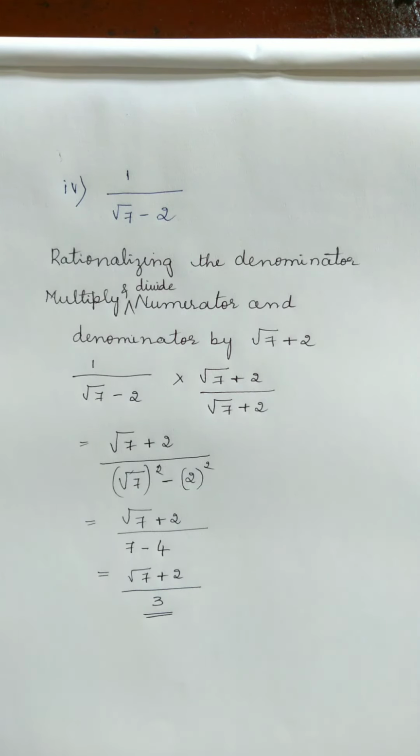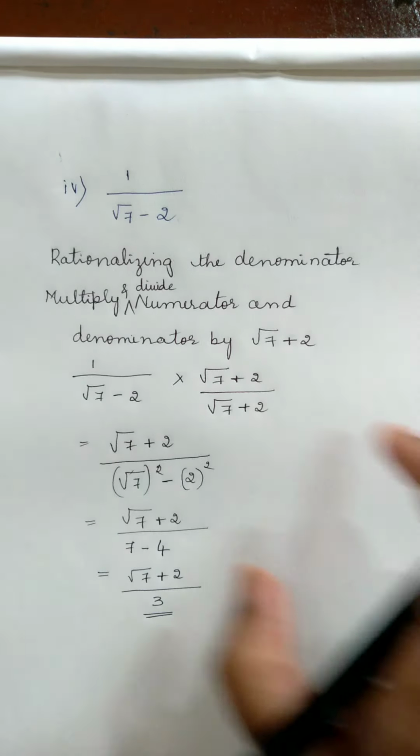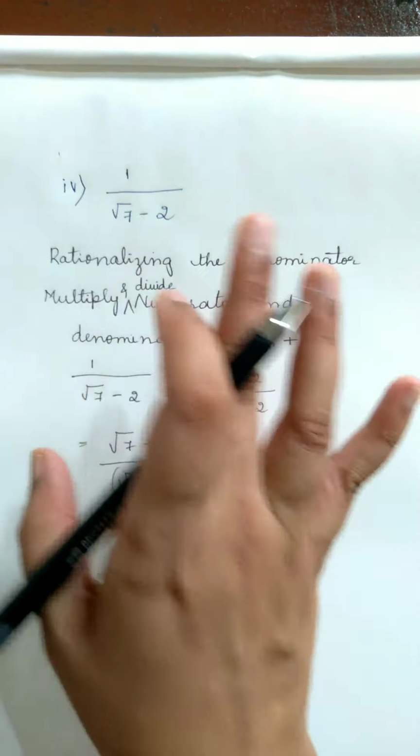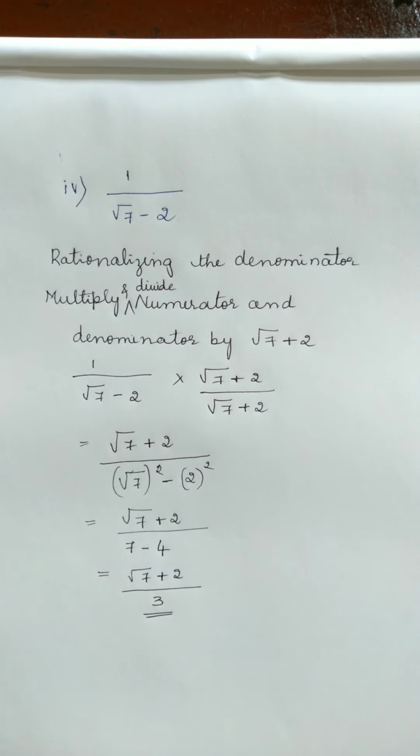So, the method to be employed in this concept is, we have to multiply and divide the numerator and denominator by looking at the denominator. If the denominator contains only the irrational number root 7, it should be multiplied and divided, the numerator and denominator, by root 7 by root 7.